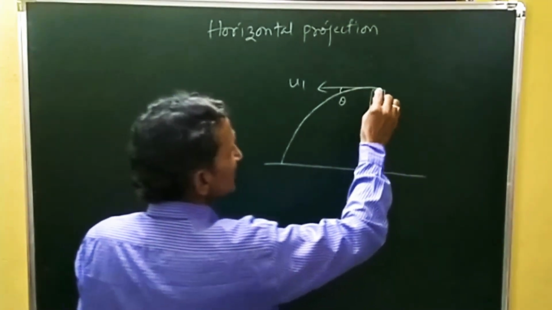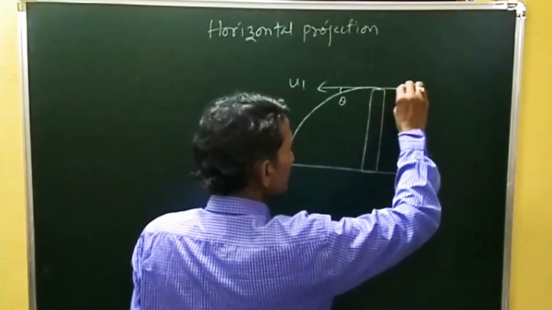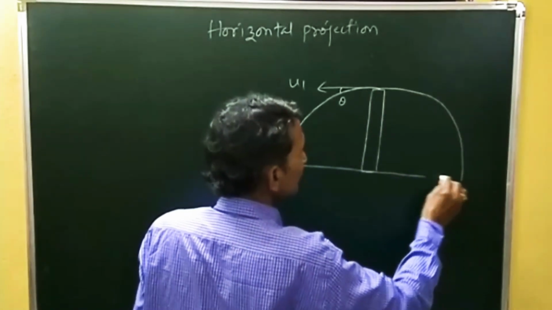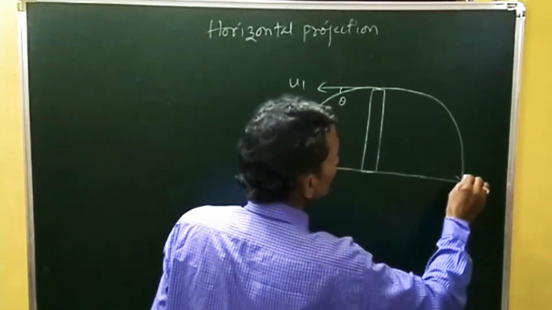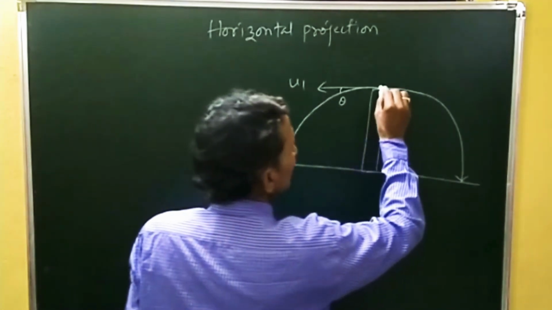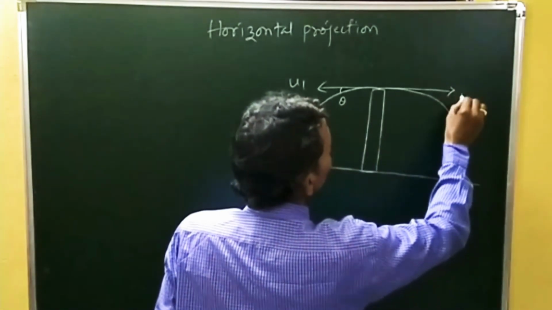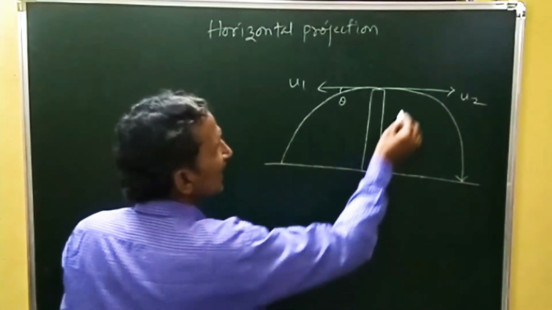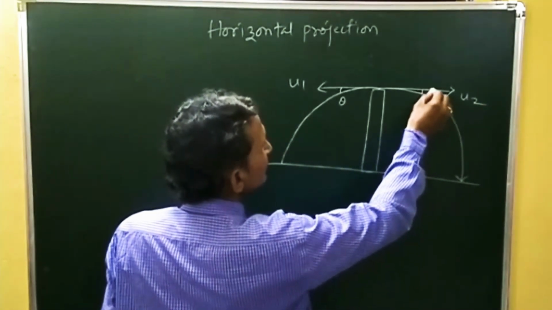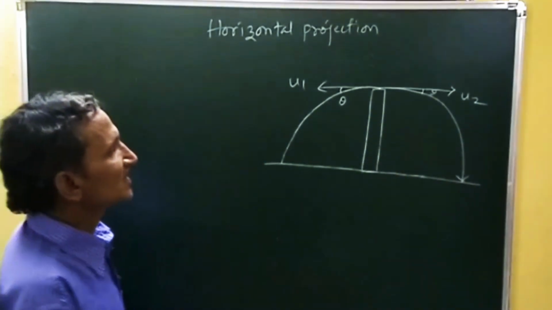From the other side, at the same time, another stone is projected and it falls to the ground on the other side. It hits the ground with an initial velocity u2, with an angle theta with the horizontal. Now h is the height of the tower.